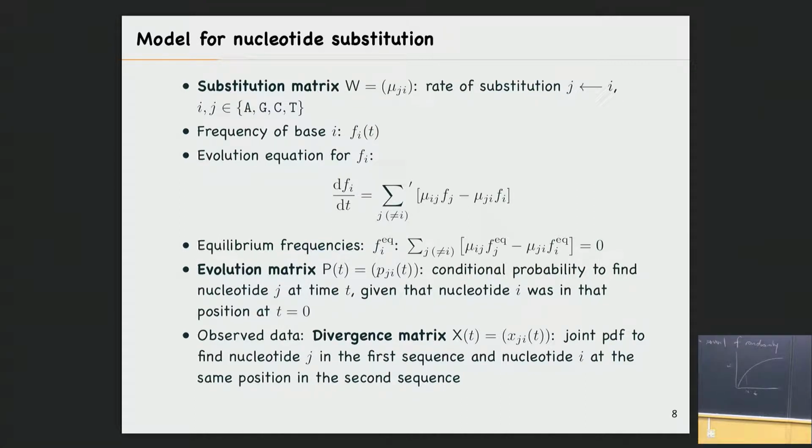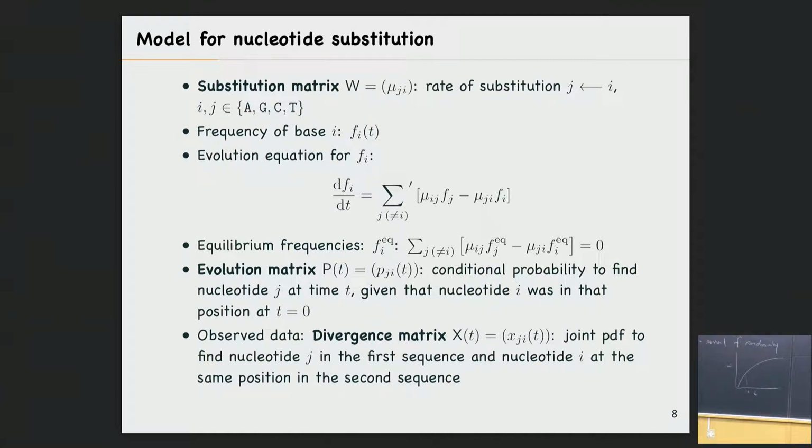Within the four nucleotides, you solve for the equilibrium frequencies by setting this derivative to 0. You assume that the evolution is such, at least for the stretches of DNA that you are considering, that the nucleotide frequencies are at the equilibrium level.